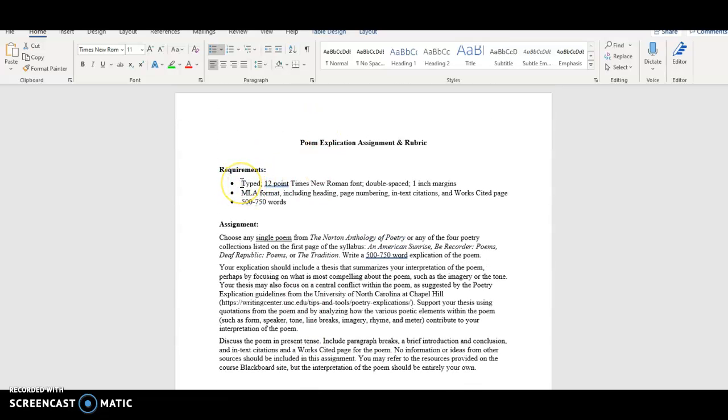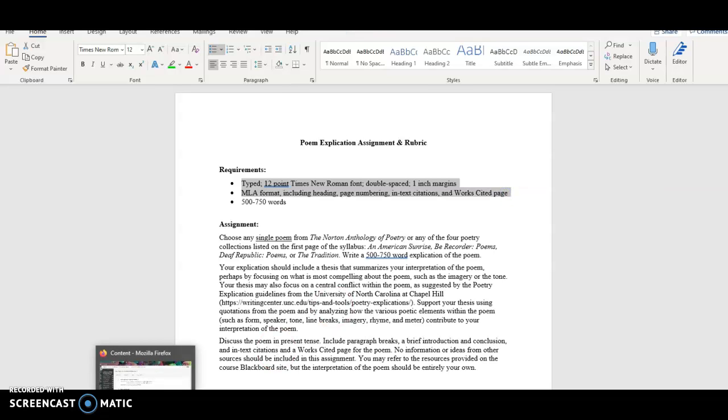The basic requirements for this are that it needs to be formatted according to MLA style, so 12-point Times New Roman font, double-spaced, and 1-inch margins, and we are using MLA format for the heading and page numbering, as well as the in-text citations and the works cited page.